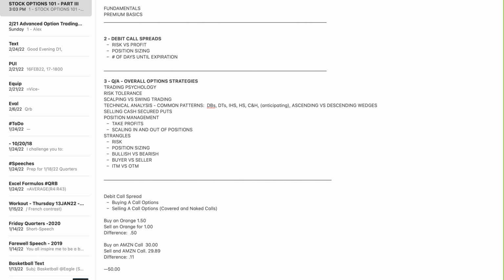And the price of this call, which obviously these would be different strike prices, right? And we'll go into that. Let's say that goes up to about 43.50, right?